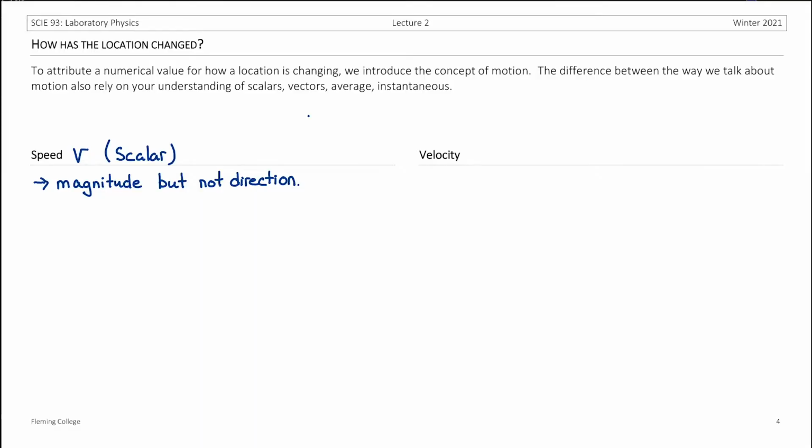The other way we refer to motion is to think about velocity. We represent velocity with the symbol v with a small arrow over top. Again, this should let you know that velocity is thought of as a vector. This means velocity has both magnitude and direction.